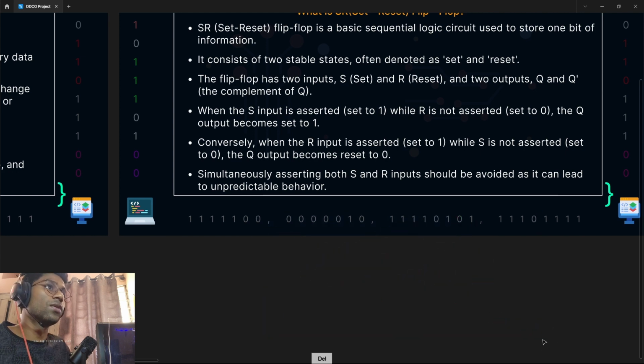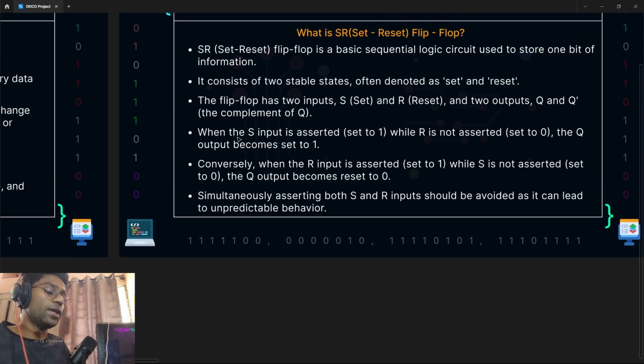Now here we can see that a flip flop has two inputs, known as set and reset, which we denote as S and R, and two outputs, Q and Q dash, which is the complement of Q. When the set input is asserted, meaning the set input is 1 and the R input is 0, the output becomes 1.